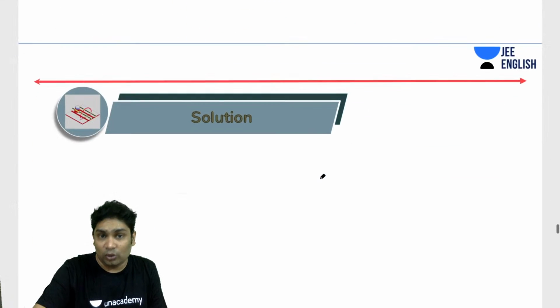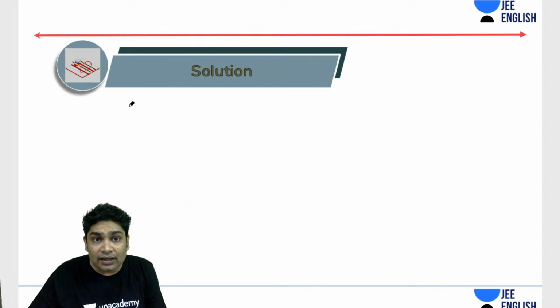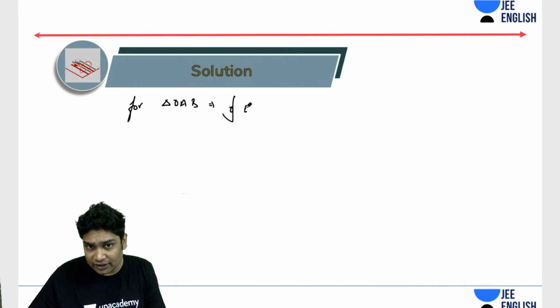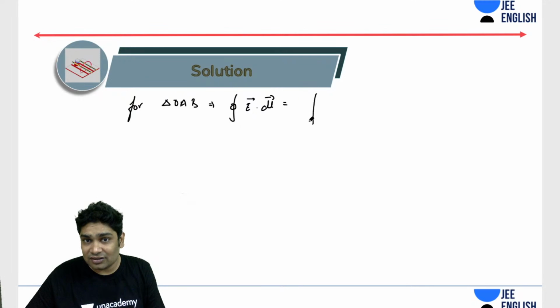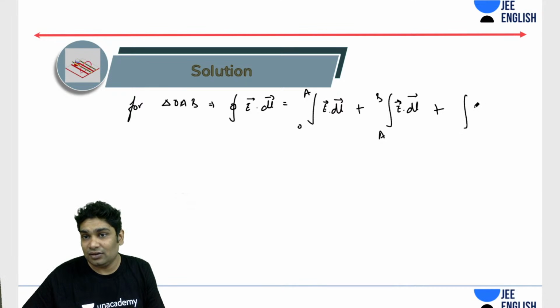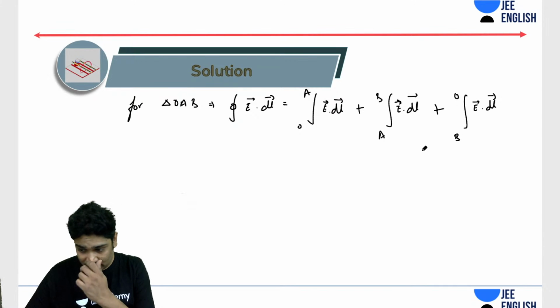For the triangle OAB, can I say that the closed integral E dot dl can be written as the integral E dot dl from O to A, plus the integral of E dot dl from A to B, plus the integral of E dot dl from B to O. Okay, I hope you can see that.